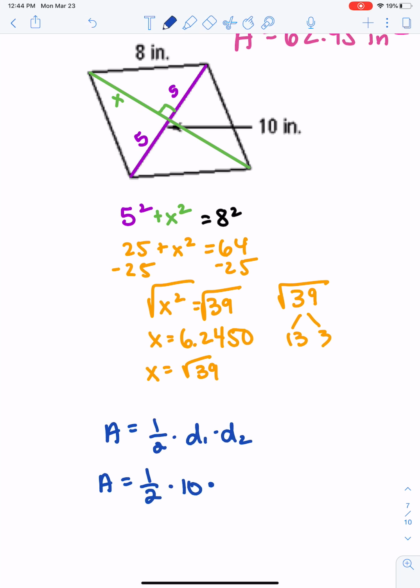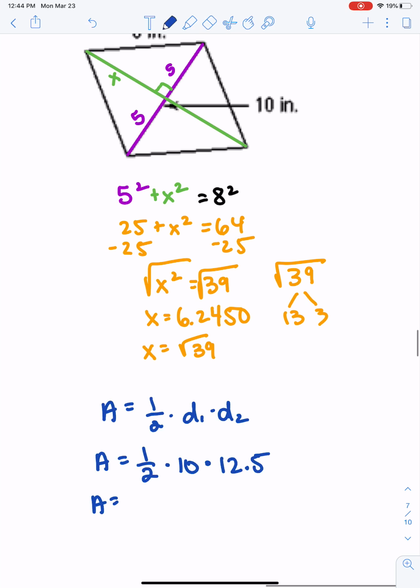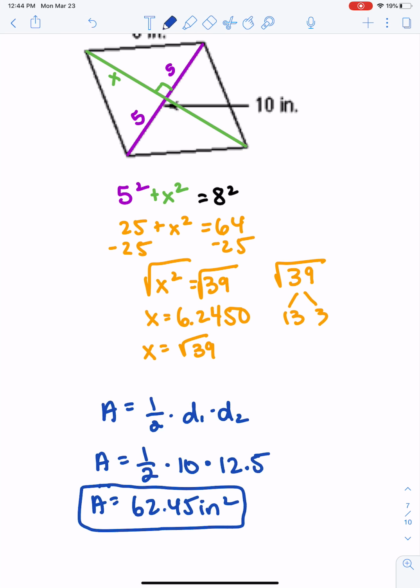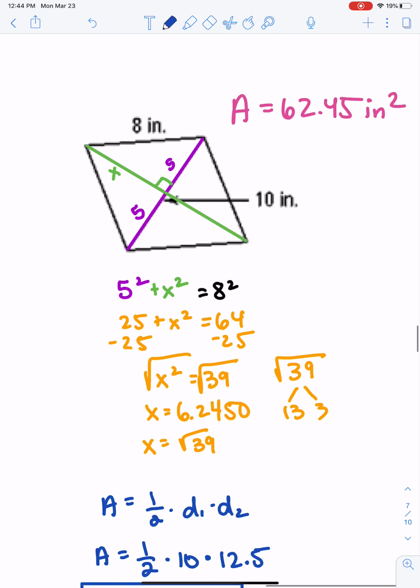If I double that, I get basically 12.5. I'm going to be lazy there. And I would multiply it all out, and I would get 62.45. Unit would be inches squared, and that, let's double check, is indeed what we had.